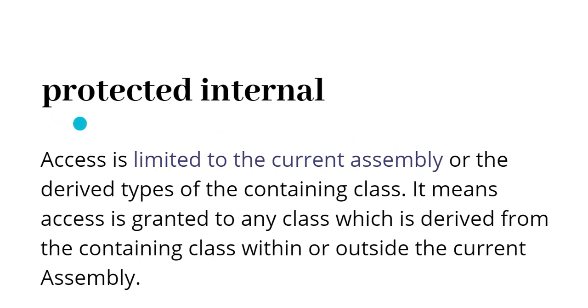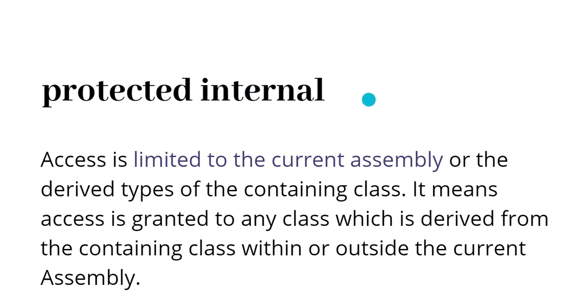So the next one is protected internal. We know protected means it can be accessed only from its subclasses, and internal means we can access it in the current assembly.